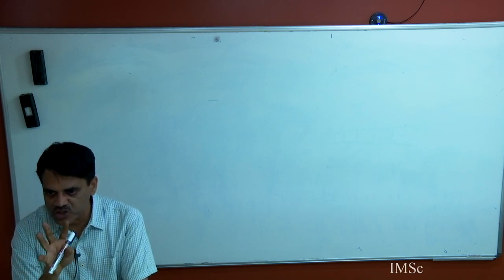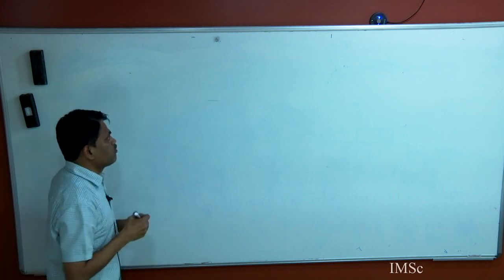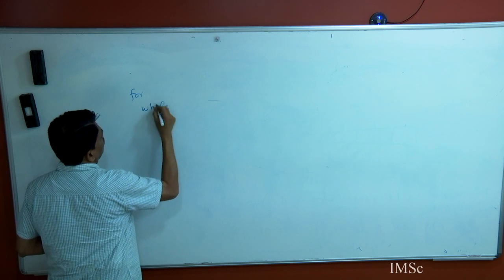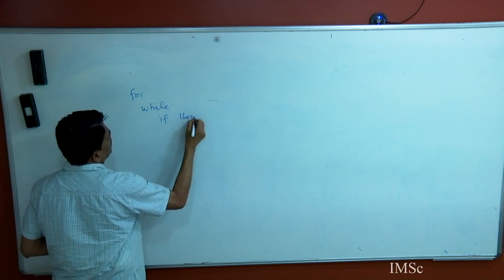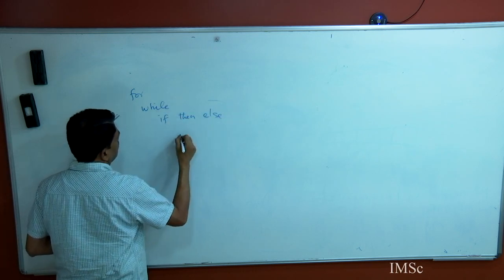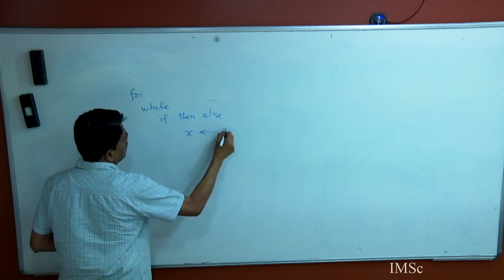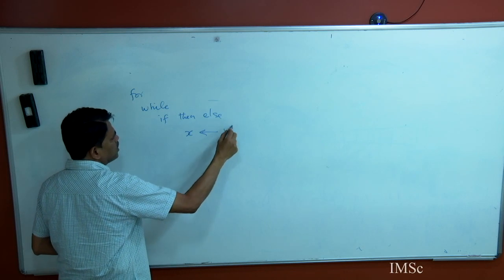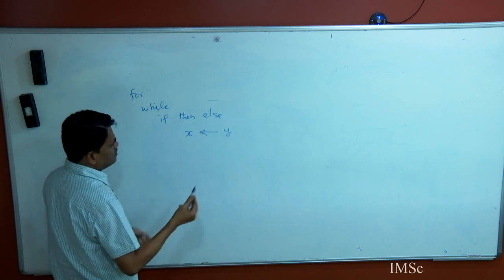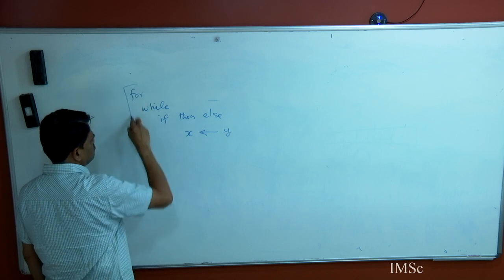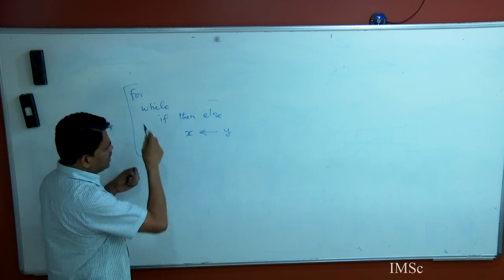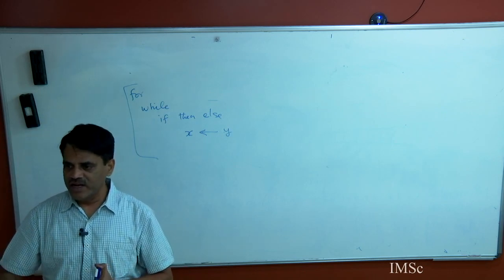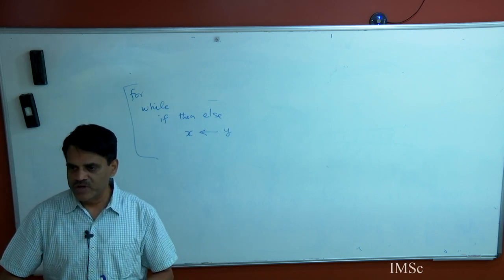So we use pseudocode, which has a for loop, while loop, if then else, and then I might say x is assigned whatever is stored in this variable, copied into x. I might use repeat. This is pseudocode, which means you can convert it into any programming language of your choice.